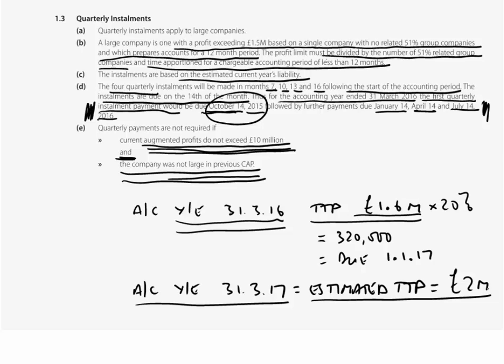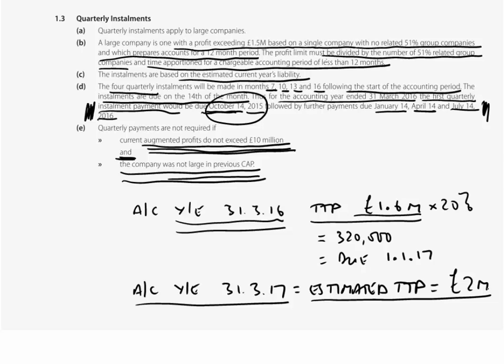And what I'd like you to do now is to note down what those quarterly instalment payments would be. That shouldn't be too tricky. TTP 2 million at the single universal rate of 20%, that will be 400,000 divide by 4. Shouldn't be tricky, eh? So that therefore will tell you the quarterly instalment payments, and I want you now to note down when that first and then subsequent quarterly instalment payments will fall due.